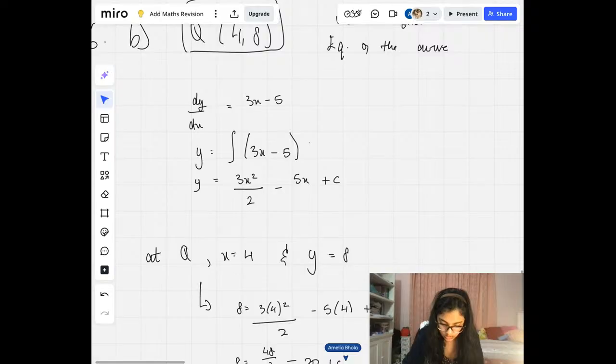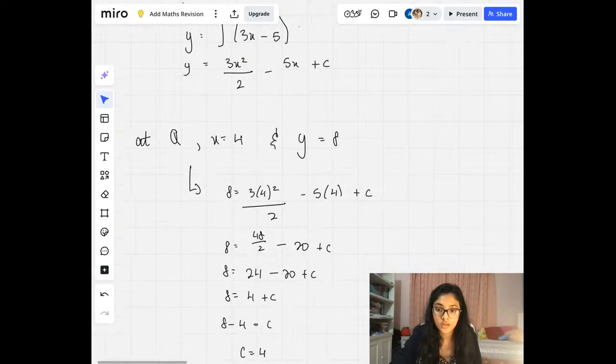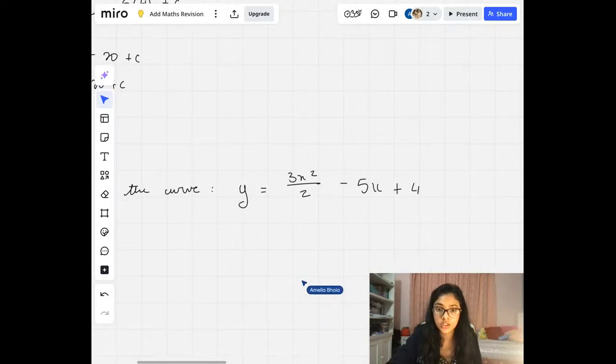So c is equal to 4. So hence the equation of the curve is y is equal to whatever I just wrote there, and I just put in the c. So this is my equation of the curve.